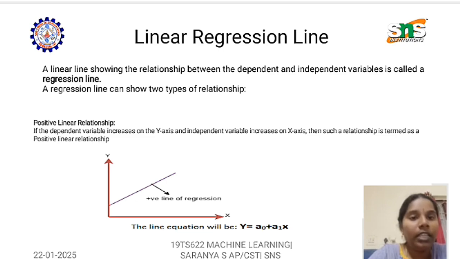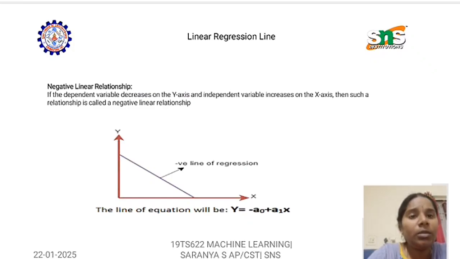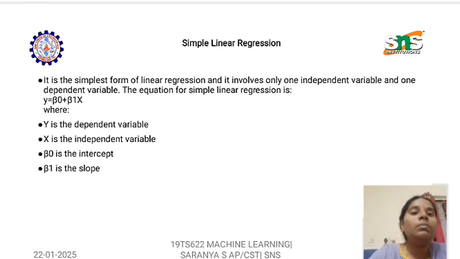In a positive linear relationship, the dependent variable increases on the y-axis and the independent variable increases on the x-axis, and such a relationship is termed a positive linear relationship. In a negative linear relationship, the dependent variable decreases on the y-axis and the independent variable increases on the x-axis, and such a relationship is called a negative linear relationship.